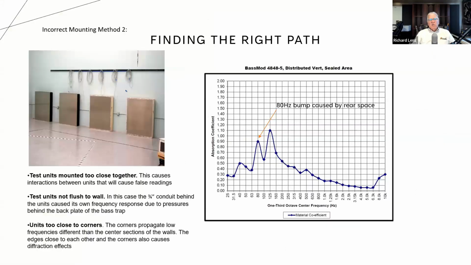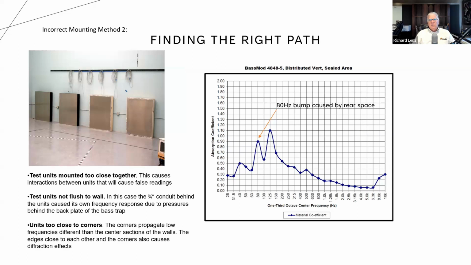So we started to test against the walls, and this happens to be the 5-inch model of the BassMod 4848. In the first test that we did, when we started to test against the wall in the modal zones, we start to see that it's performing a little bit differently.